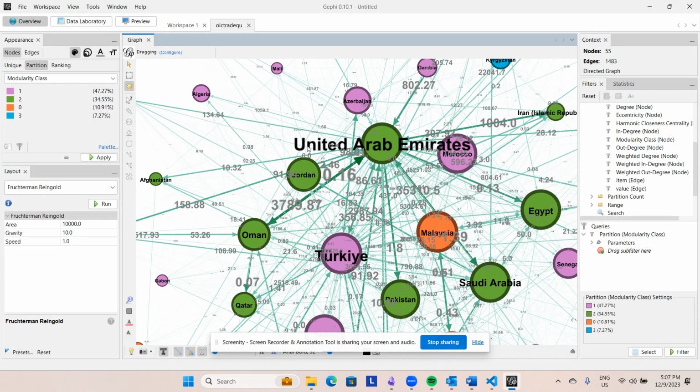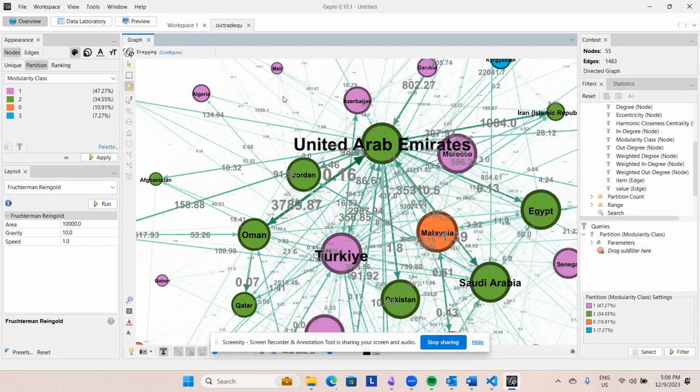The weighted degree centrality of a country refers to the effectiveness of this country, not only for import or export or with the overall world. In this example, the weighted degree centrality of a country gives us the efficiency within OIC countries.